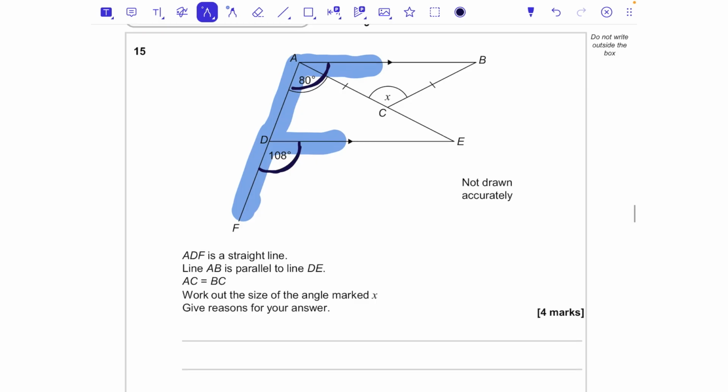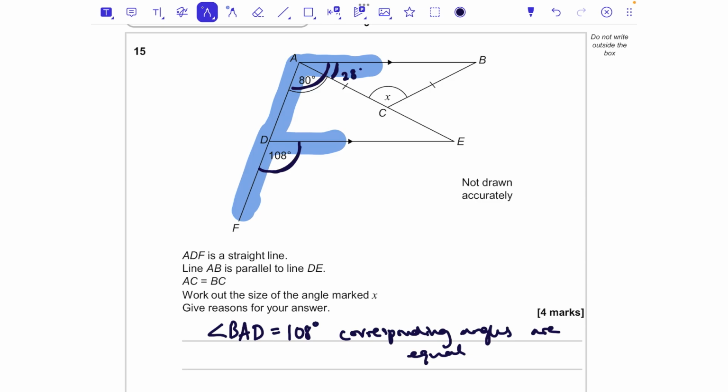So the first thing I'm going to do is write BAD, this angle here, angle BAD equals 108 degrees because corresponding angles are equal. And if I know that that is 108 all the way, then this bit here must be 28 degrees because I've done 108 take away 80.